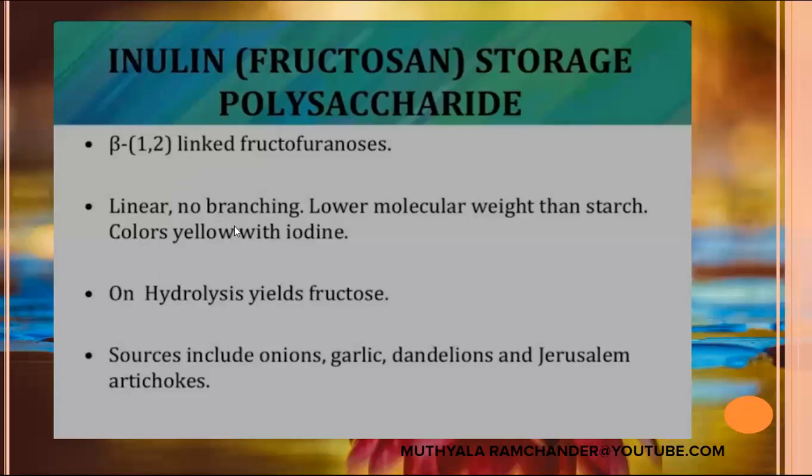It does not give any color with iodine; only a few times it gives a yellow color, but most of the time it gives no color. It is used in physiological investigations for determining the rate of glomerular filtration. So these are the main properties of inulin, which belongs to the polysaccharides.